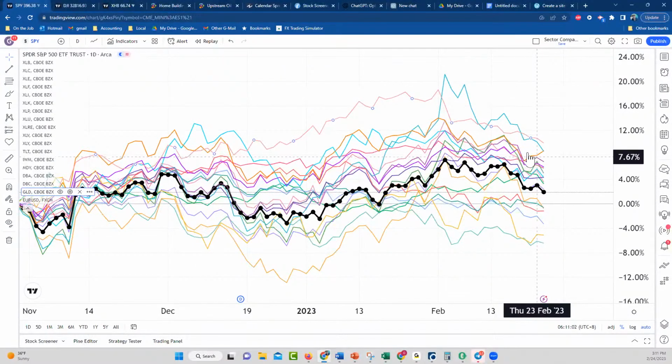But even though they're turning down, they're holding on to their leadership position. What could overtake them? Well, that line right there. If I click on that, I can look over here and see that's basic materials. Companies there include Linde, Air Products, and the like, companies that make dirt, air, water, or that work with that.